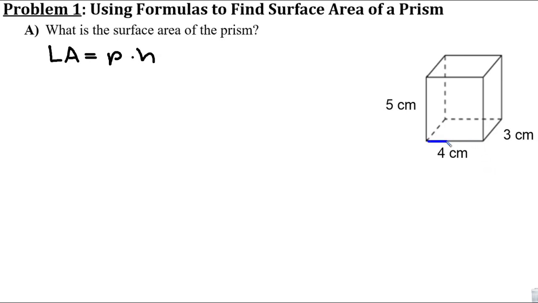So the perimeter would be 4 plus 3 plus 4 plus 3, just adding all four of those sides together. And then times H, the height of the prism, the distance between the bases, that's going to be this 5 right here.